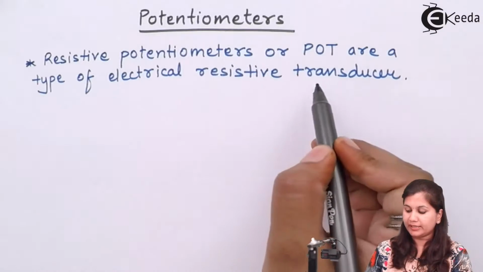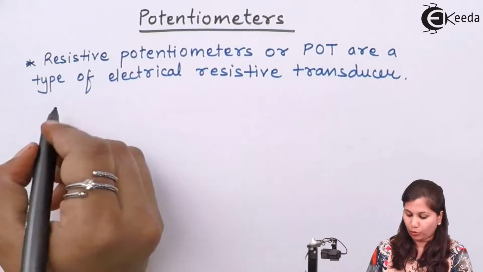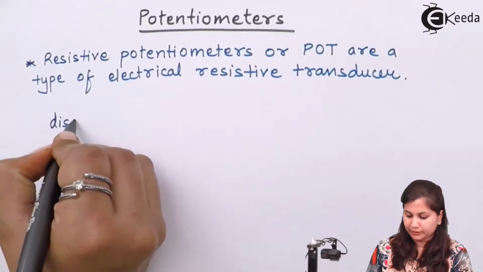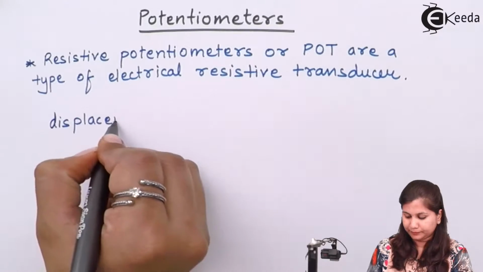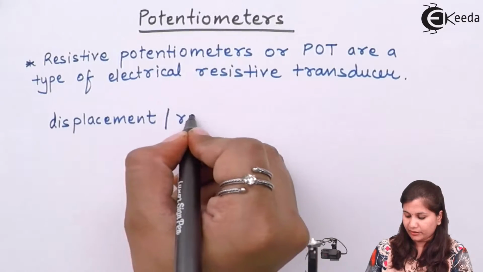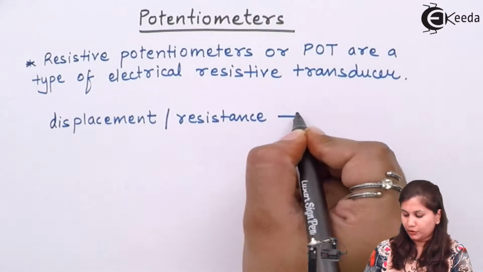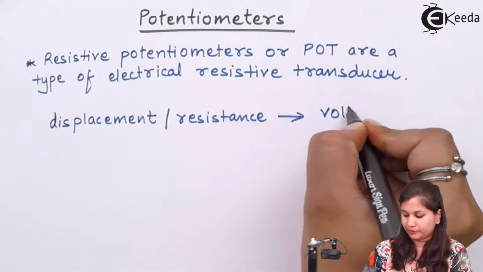So potentiometer is a type of transducer which is converting the non-electrical quantity displacement, or we can say resistance, into voltage.